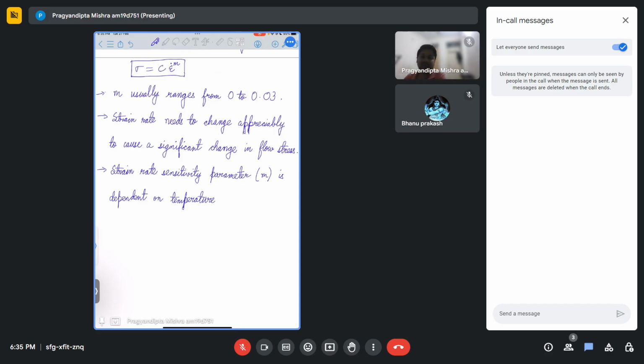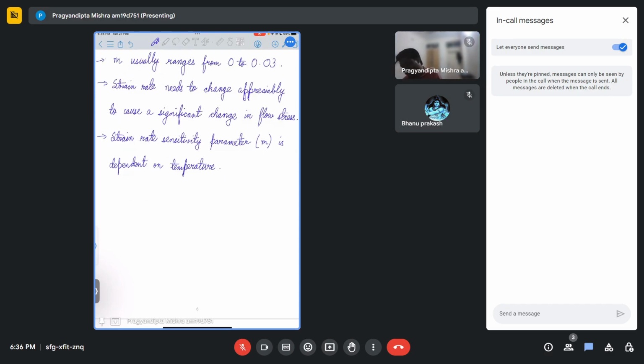So if we define a melting temperature Tm, for temperatures greater than 0.5 times the melting temperature, your M value will increase to the 0.1 to 0.5 range. So this is the new range if you increase the temperature to this range.